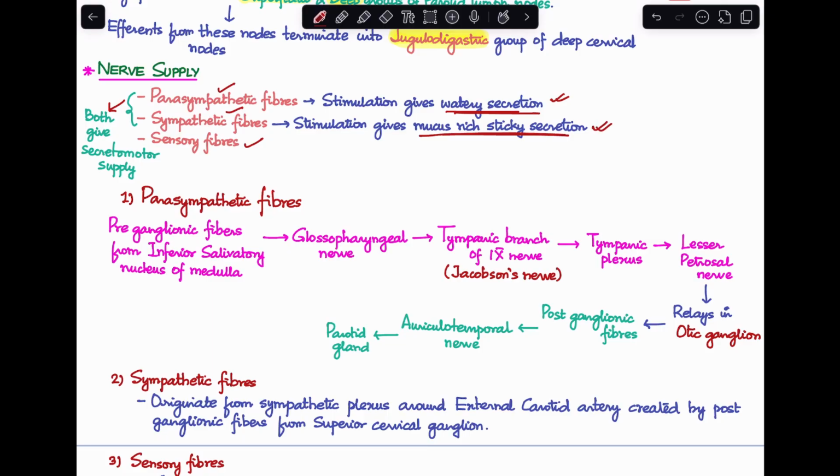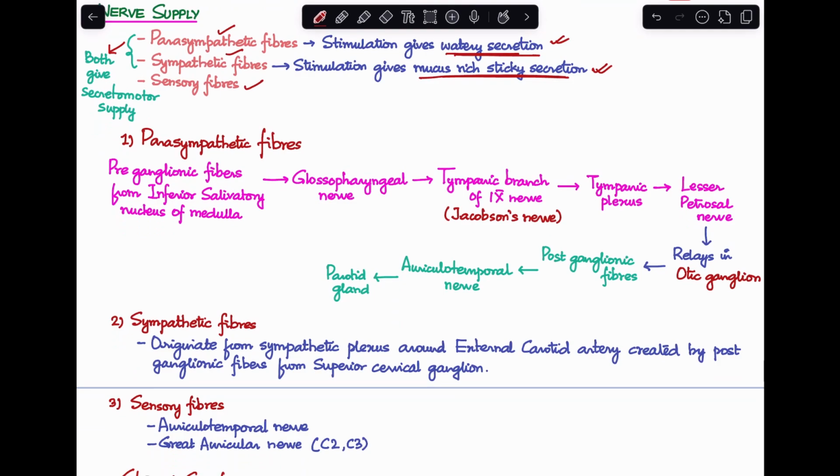Now let's talk about the pathway of these. First is our parasympathetic fibers. The preganglionic fibers arise from the inferior salivatory nucleus of the medulla. Then this passes through the glossopharyngeal nerve, next through the tympanic branch of the glossopharyngeal nerve, also known as Jacobson's nerve, which goes to join the tympanic plexus.